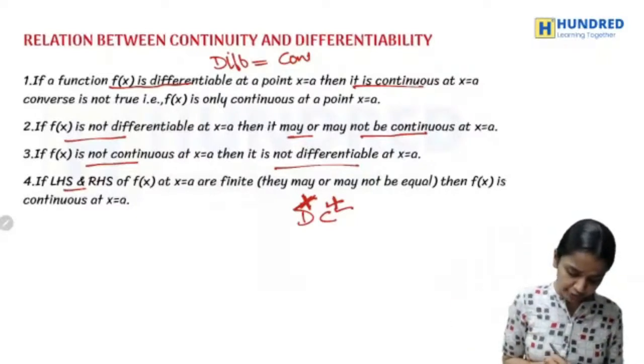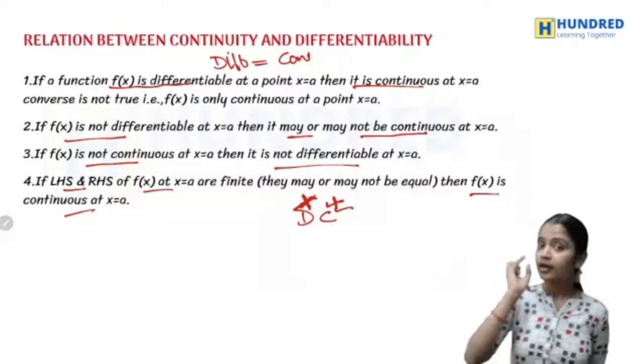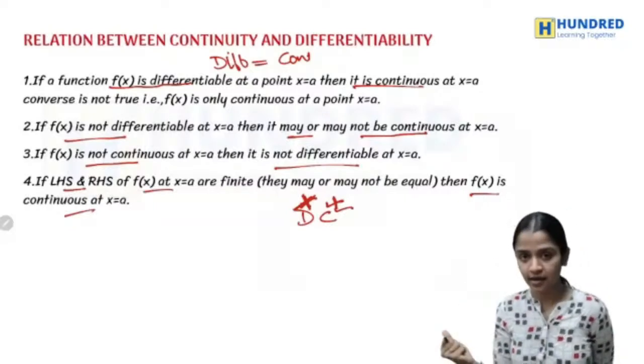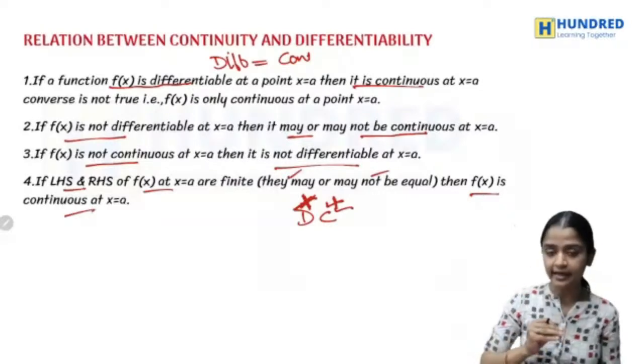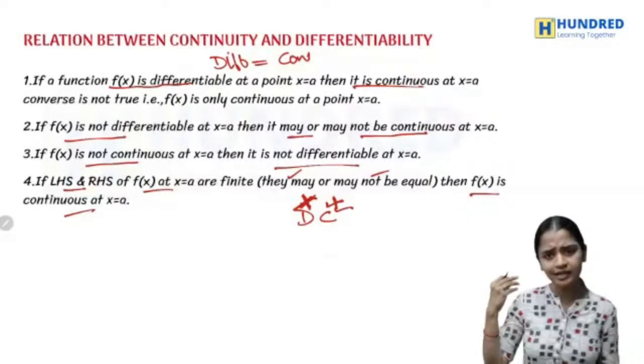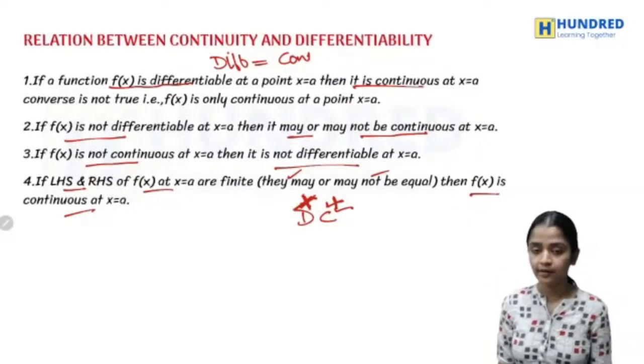Now, if left hand limit and right hand limit of f of x are finite, then f of x is continuous. Your left hand limit and right hand limit may or may not be equal. If they're finite itself, then you can say that the function will be definitely continuous. Okay.